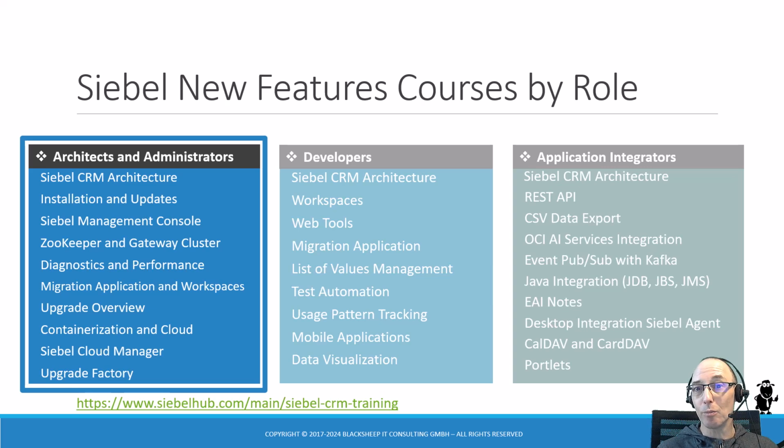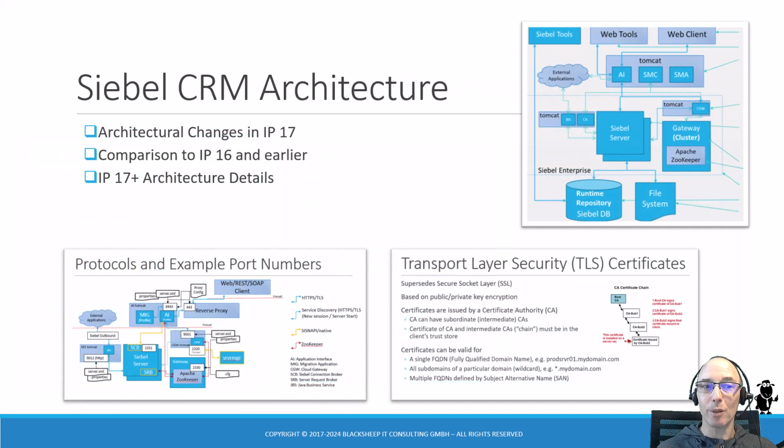We have a chapter on performance and diagnostics. We introduce you to the workspaces and the migration application. We give you an overview of the upgrade process, containerization and cloud. There's a chapter on Siebel Cloud Manager, and the latest update was the Upgrade Factory. So to stay up to date, that's the ideal training. So let's take a look into each chapter.